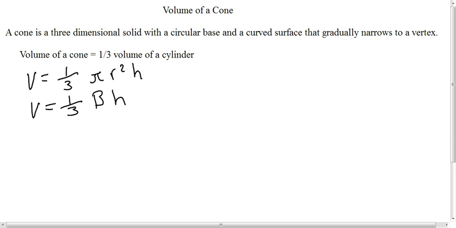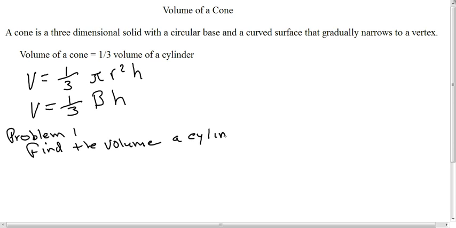Well, let's see if we can take a look and see what we can do if we get an exercise. So let's call this problem 1. Let's say we were asked to find the volume of a cylinder, and you'll see where I'm going with this.